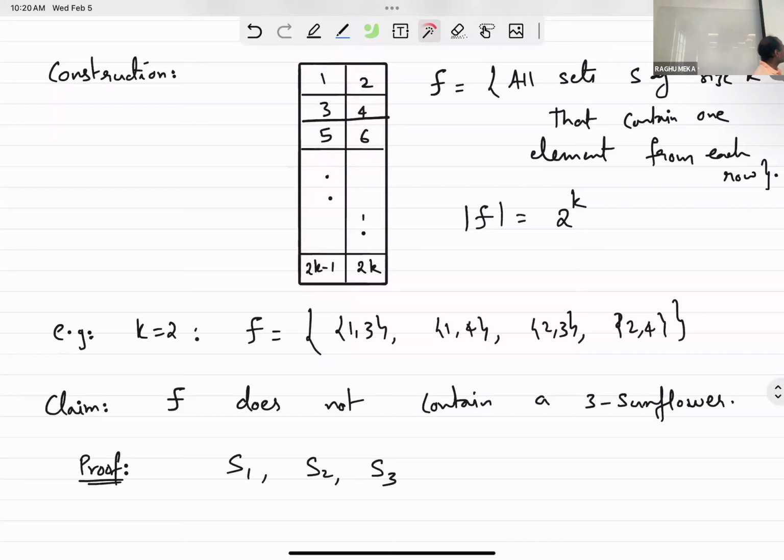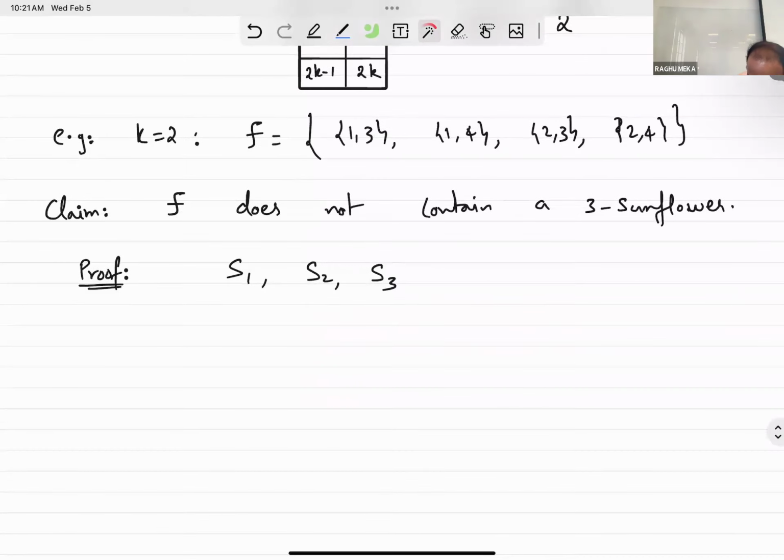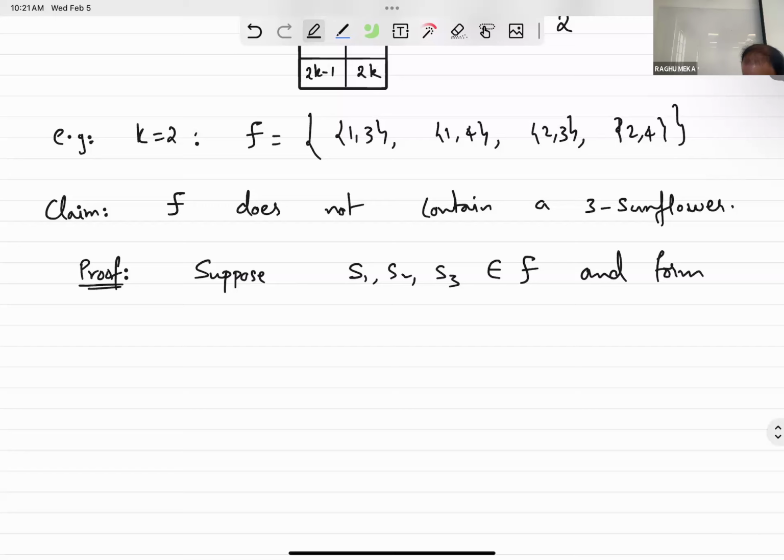But if they intersect, that means that on some row, S1 and S2 contain the same element, but then S3 must also contain the same element, right? And, okay, so let's see. Suppose S1, S2, S3 belong to F and form a sunflower.